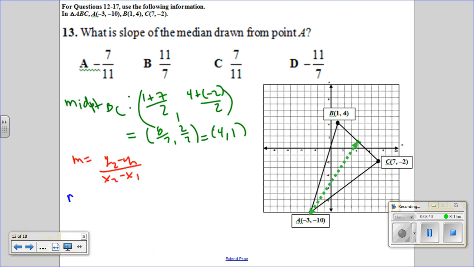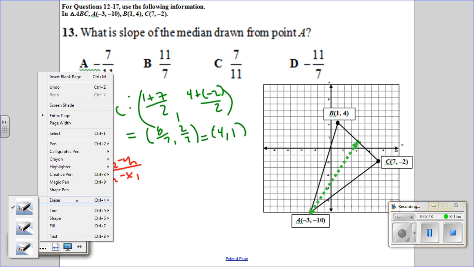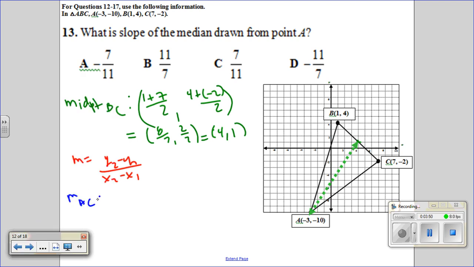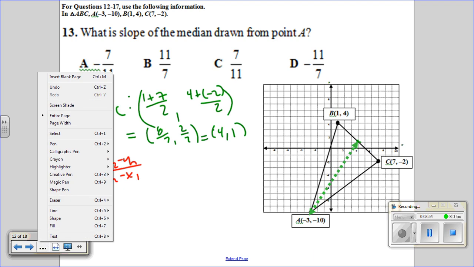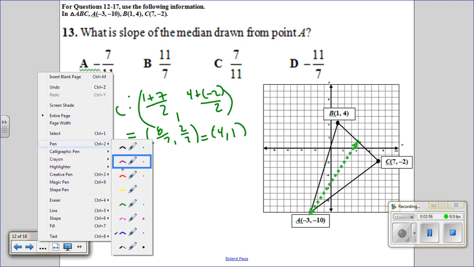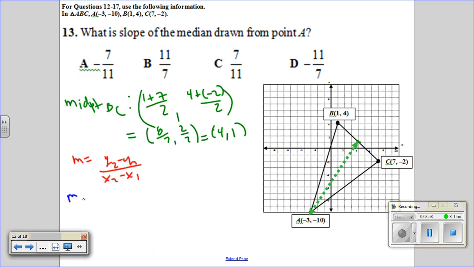So the slope for AC, or not AC, but the median, let's call A X1, Y1.